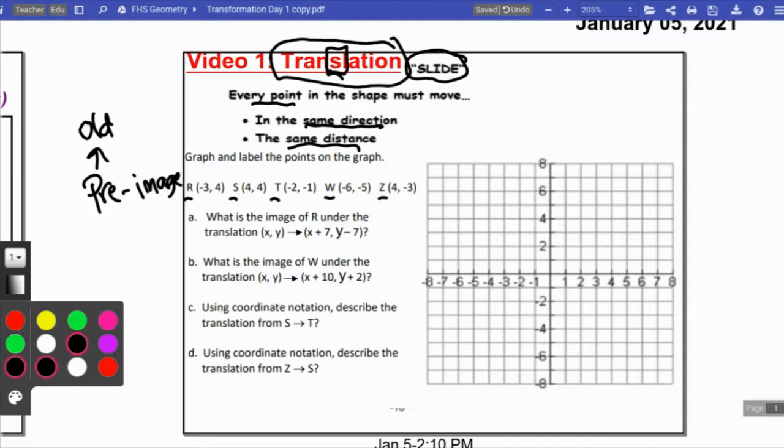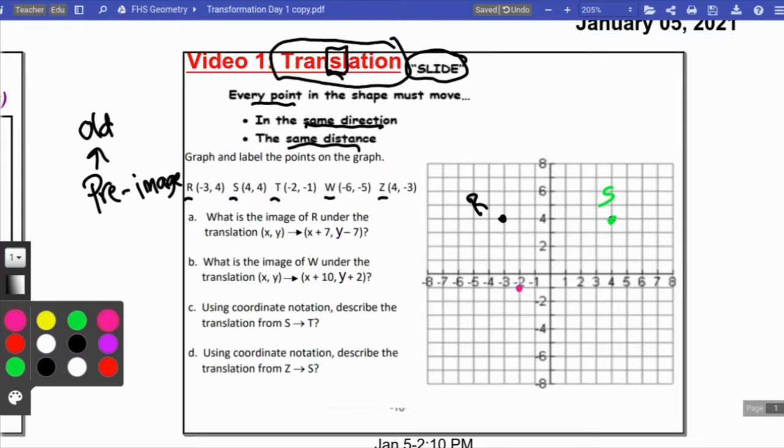So R is -3, 4. So -3, 4. 1, 2, 3, 4. There goes R. Next, S. S is 4, 4. Boom. I should probably use different colors, right? Why not? S. Voila. Next one is T. T is -2, -1.